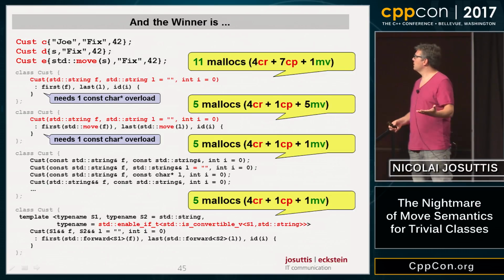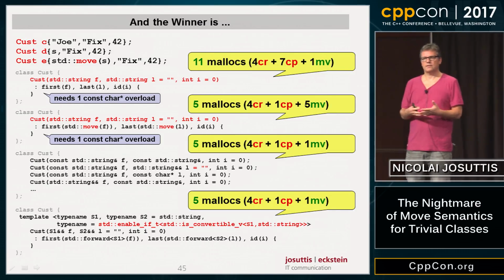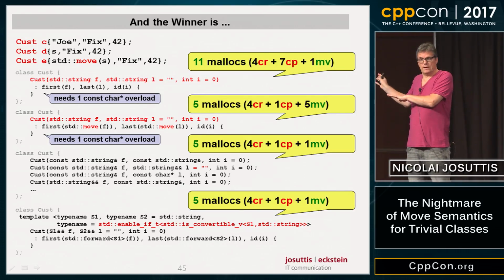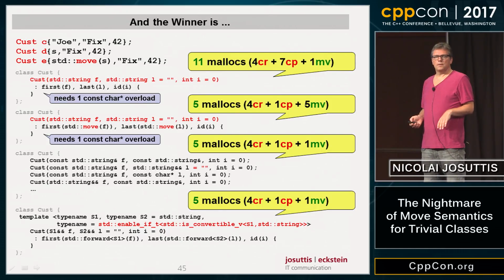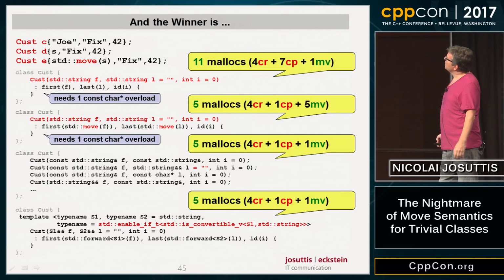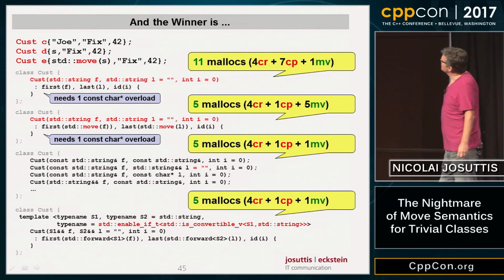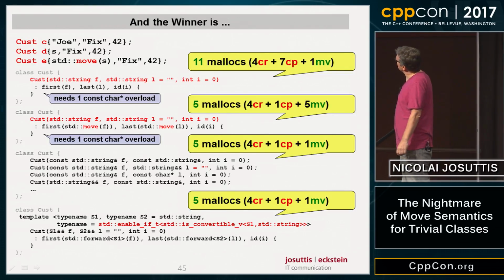Yeah, so he's saying when I overload for const char*, I avoid some overloads. Yeah, but we had that already. Yeah, okay. The question is, can we in the second case rely on an optimizer to have the same performance as the third, or what?